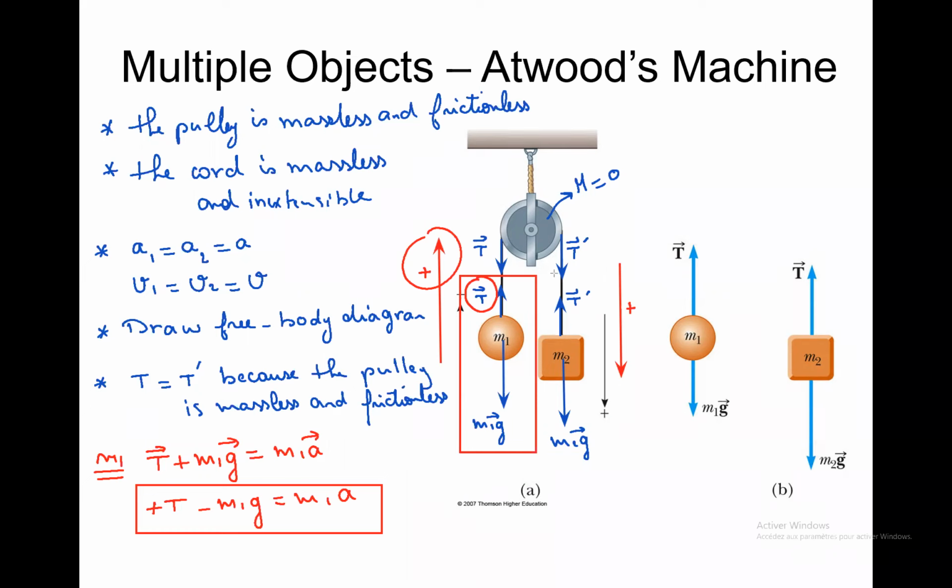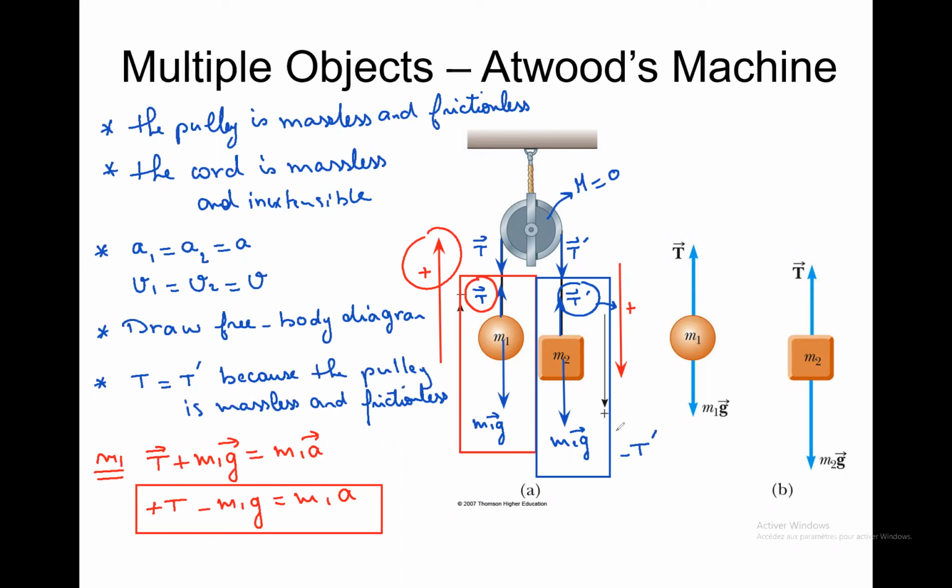Let's take the second object. Here we have this one. T prime is opposite to the positive direction. It's up. The positive for the object M2 is down. So minus T prime.